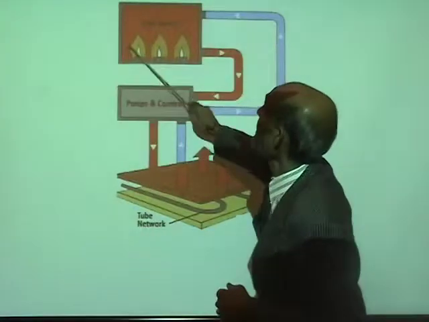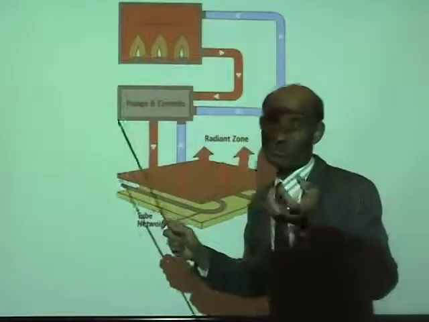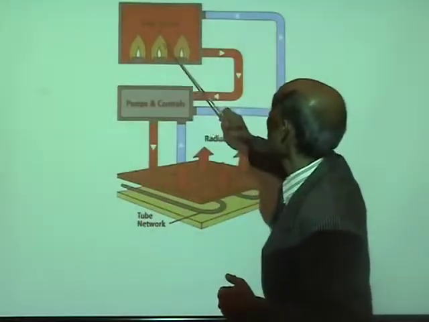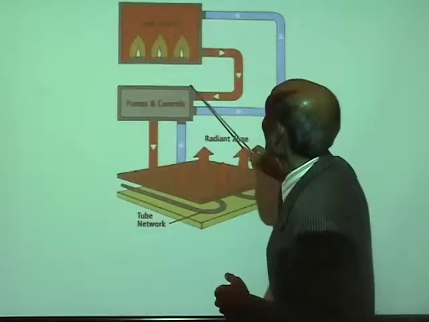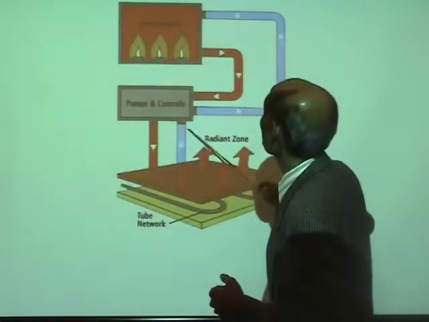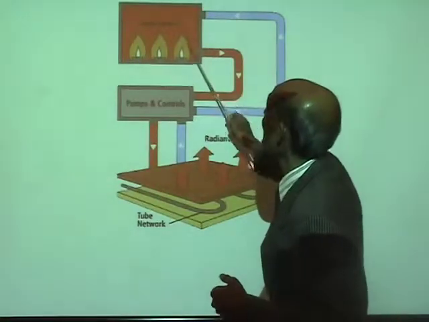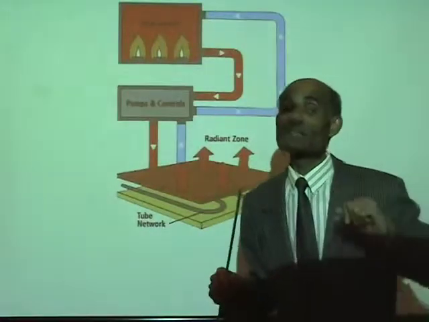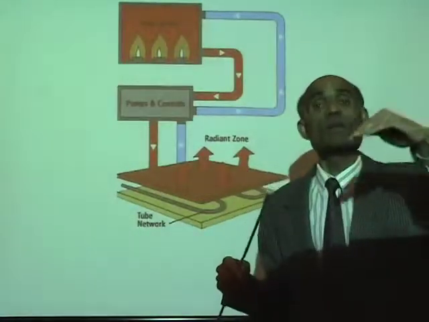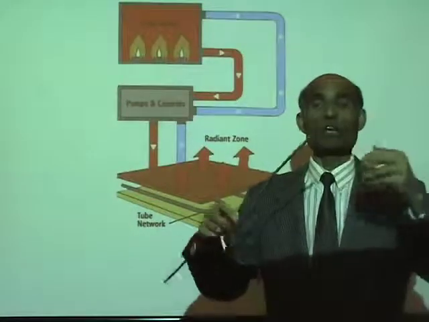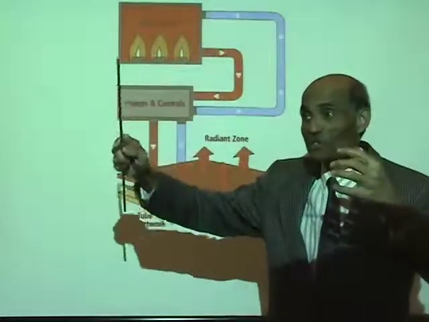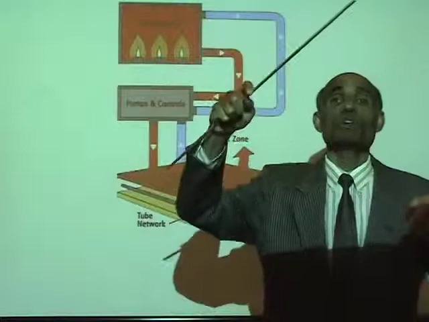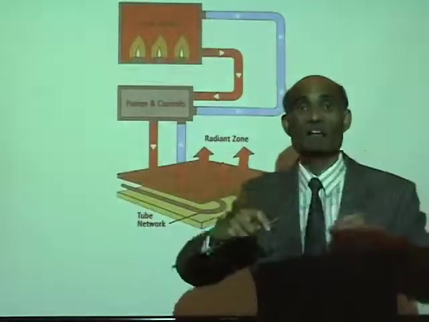You have a heat source which actually uses gas to heat water, and the hot water will circulate and the cold water will go up to receive heat, and you have actually a pump system that will allow that to happen. But convection alone will make the circulation possible. The hot water is less dense, it will sink. When it gives off heat, cold water will go back and receive heat and it will circulate.